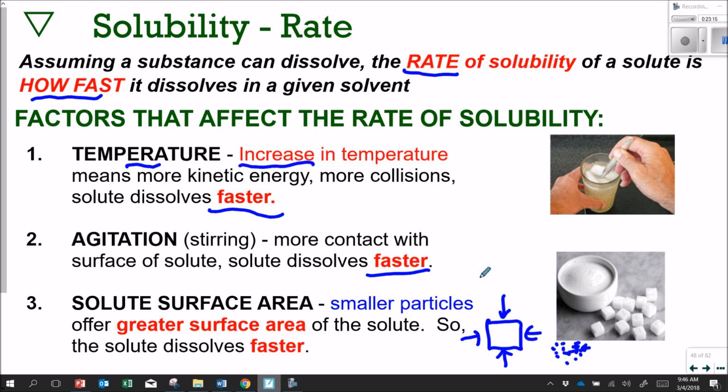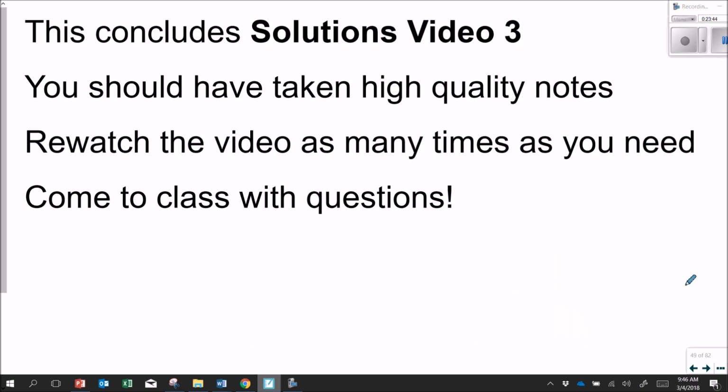So this is small surface area, large particle, large surface area for small particles. And when we have greater surface area, again, the solute will dissolve faster because more solvent can reach the solute particles.